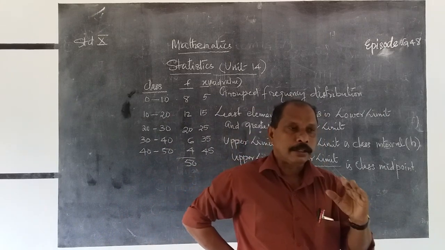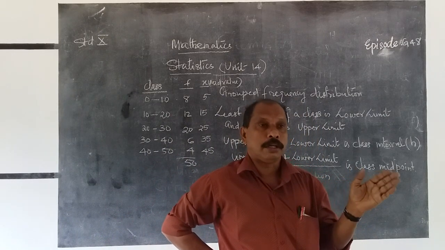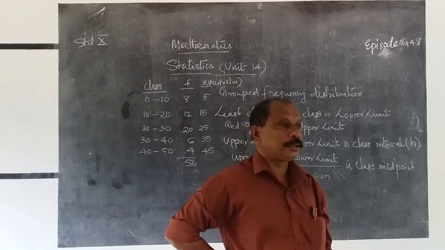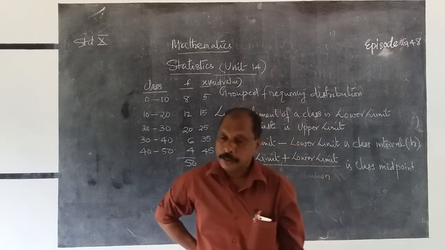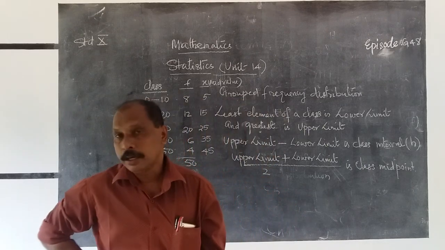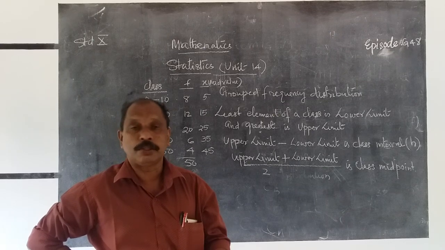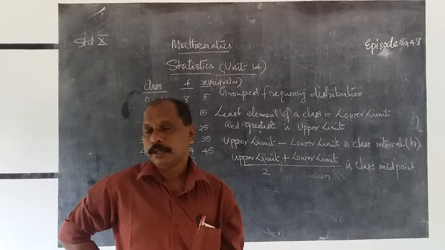That means in the case of an individual group, we have several numerical values. In an ungrouped frequency distribution, any item repeated more number of times, that repetition is known as frequency f.